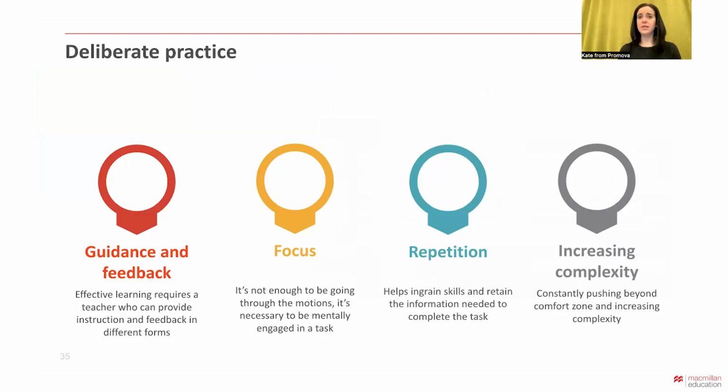Constant repetition is another key to success, because we know that the key function of our memory is not actually memorizing; it's actually forgetting. So, in order for us to retain something, we should do this thing again.